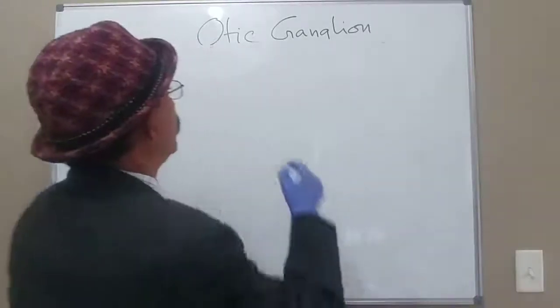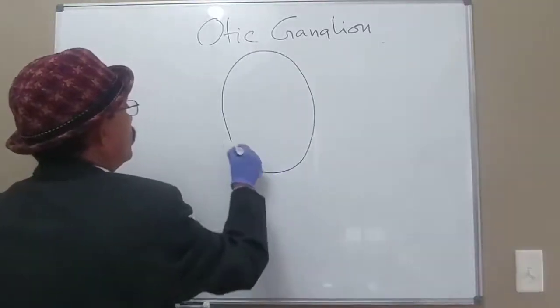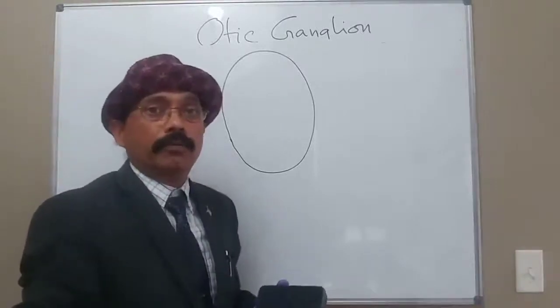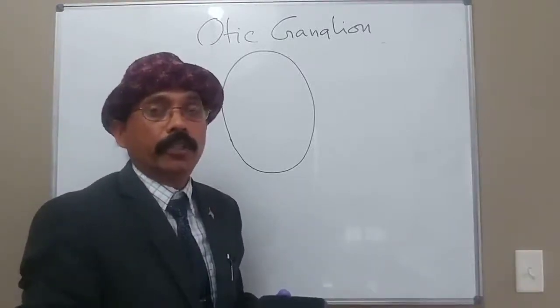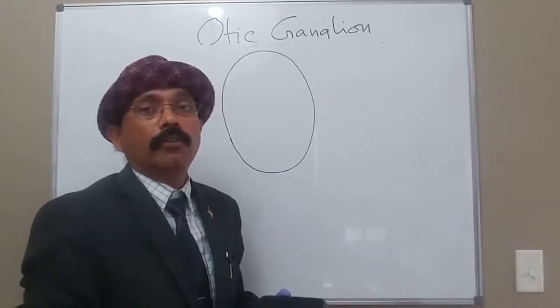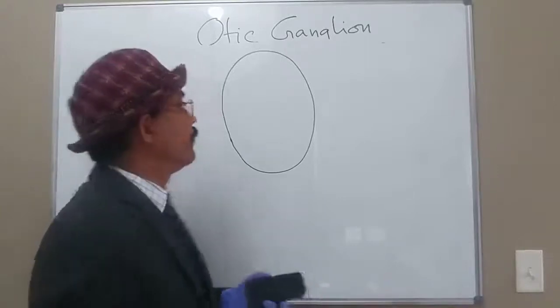Now, if you make a big otic ganglion like that: what is a ganglion? A collection of nerve cells outside the central nervous system. What is a nucleus? A collection of nerve cells within the central nervous system.